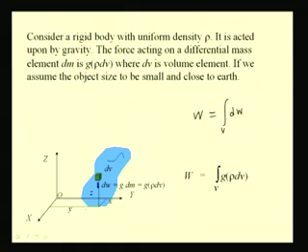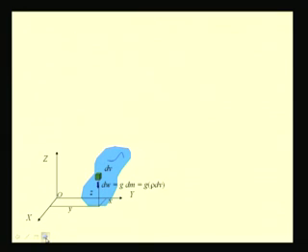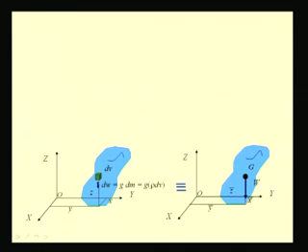Then if we are interested to find the moment of these differential weights with respect to this axis OX and equate it to the moment of this concentrated load W, which let us say acts through a point G. The coordinate of this point G, let it be x bar, y bar and z bar with respect to this frame of reference.